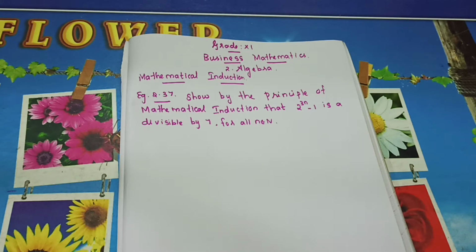Show that by the principle of mathematical induction, we need to prove 2 power 3n minus 1 is divisible by 7 for all n belongs to N.